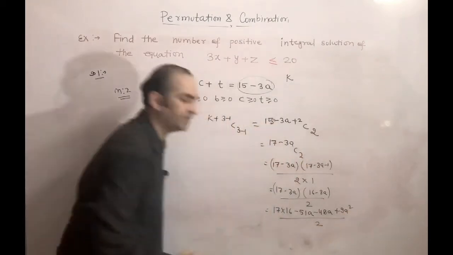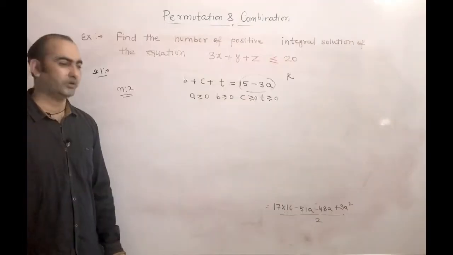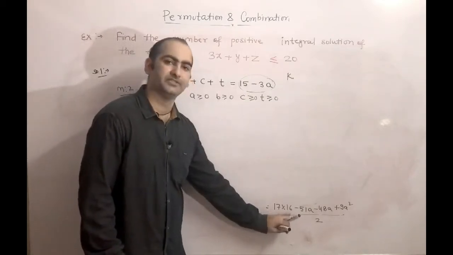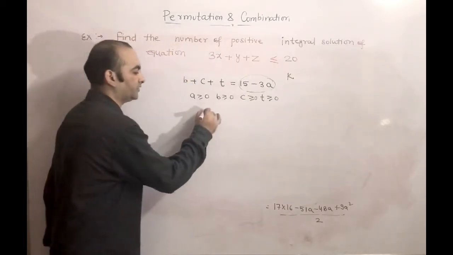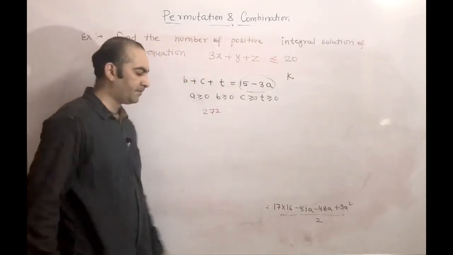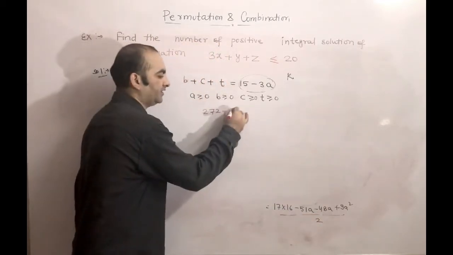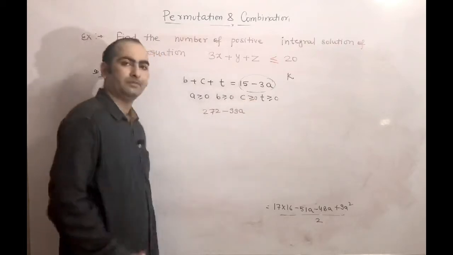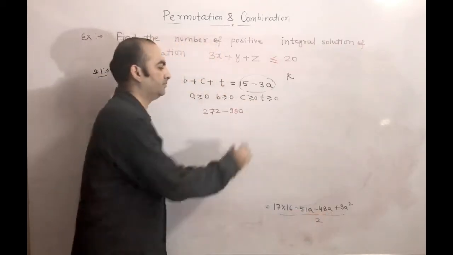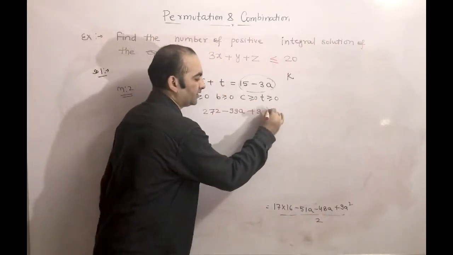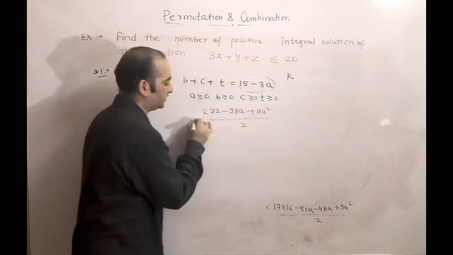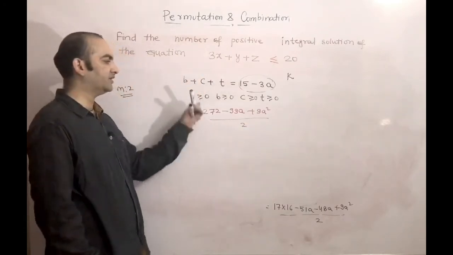Okay, so we have to simplify this one. 17 into 16 is 272, minus 51a minus 48a, that is minus 99a, plus 9a square, divided by 2. Okay, here a is greater than or equal to 0.